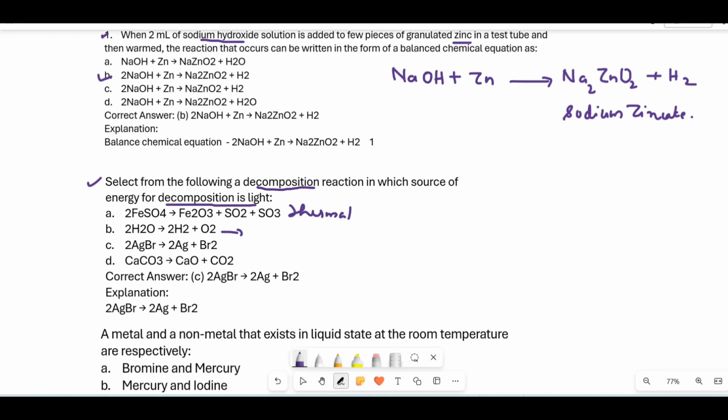H2O decomposed to give H2 plus O2, that is decomposition by electricity, so electrolytic decomposition. AgBr, this is decomposition by light. So our answer is AgBr gives Ag plus Br2.